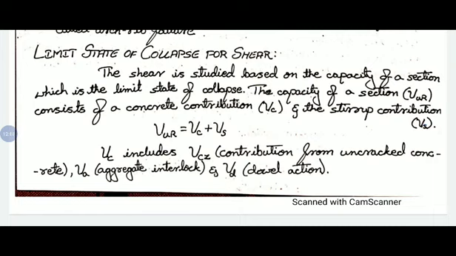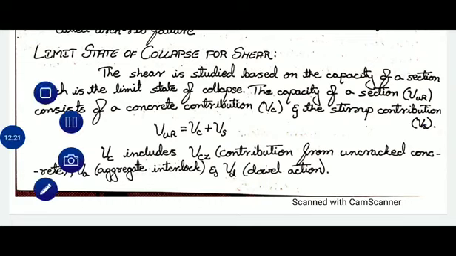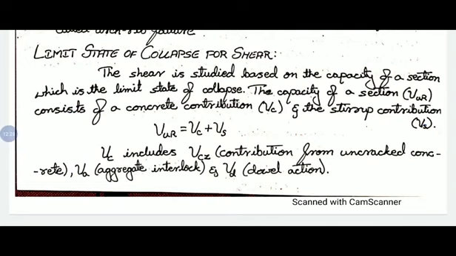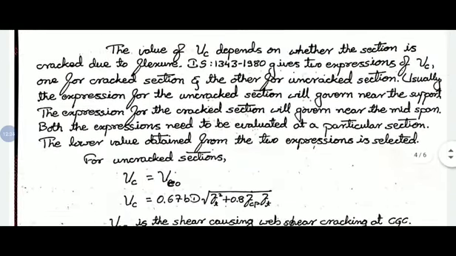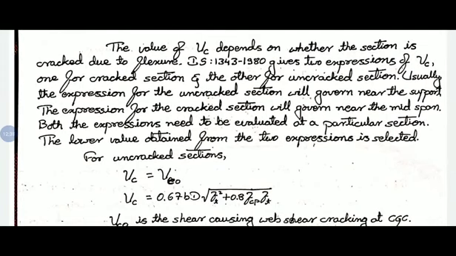So again, Vc includes contribution from uncracked concrete, aggregate interlock, and dowel action. If we take concrete contribution, again it consists of dowel action and aggregate interlock strength and plain concrete capacity. So now the Vc, shear stress carried by the concrete, depends on whether the section is cracked due to flexure.